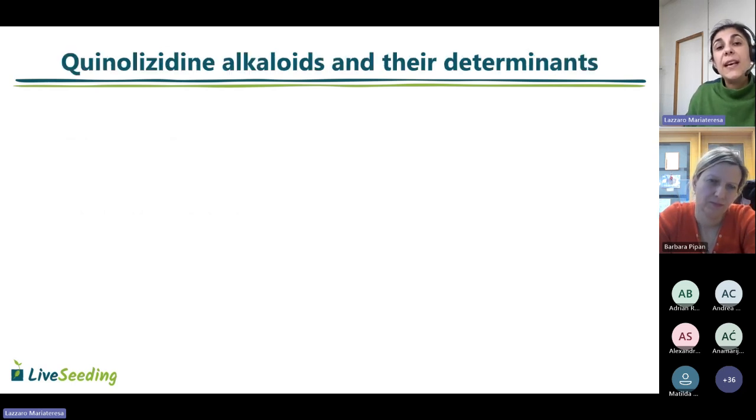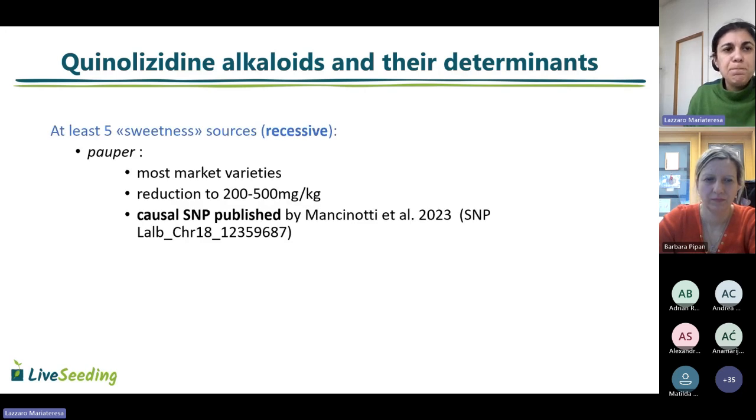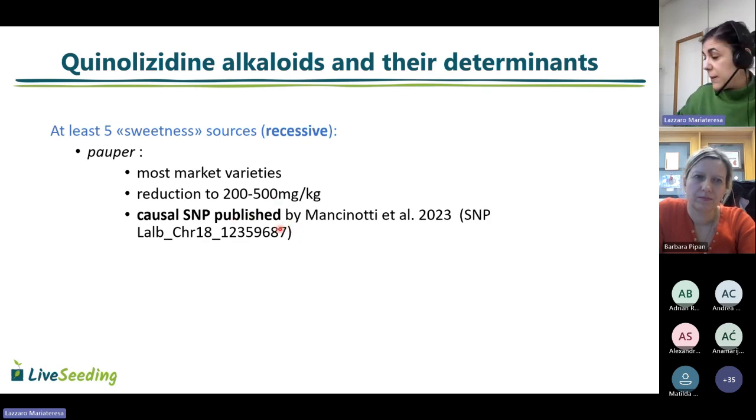Related to our question with the alkaloids, there are at least 5 different genes known, especially from the older times of the first breeding attempts in this crop. The one which is quite widely deployed in the modern varieties is the so-called pauper, for which the causal mutation was published in 2023.